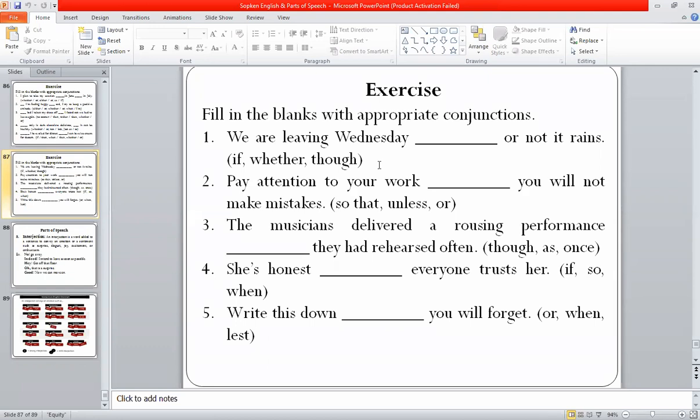What would be the proper option we will choose here? Can anybody tell me? We are leaving Wednesday dash dash or not it rains. If, whether or though, what would be the answer?